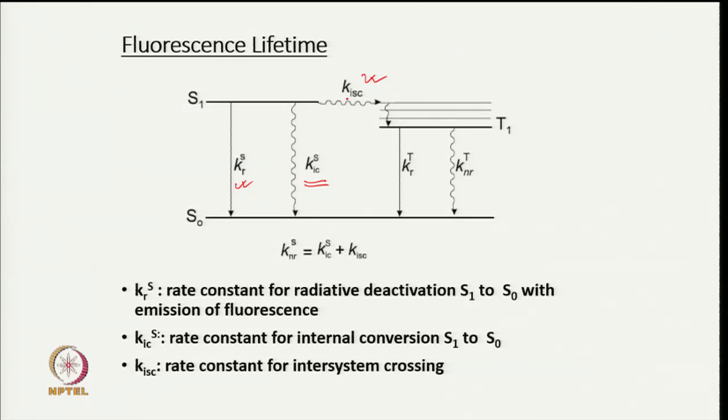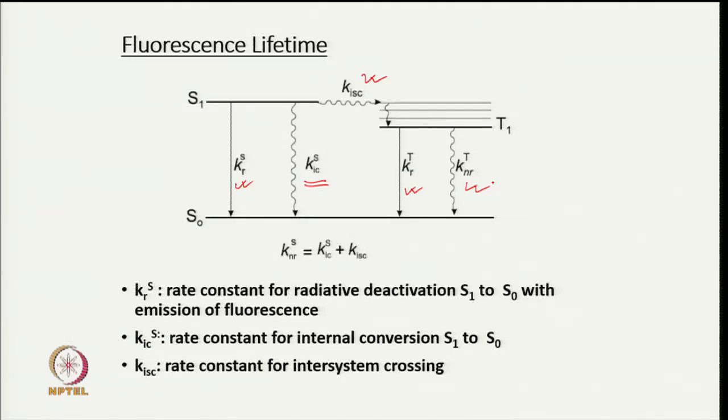This is the rate constant for intersystem crossing, this is the rate constant for phosphorescence, and this is the rate constant for the non-radiative process from T1 to S0.